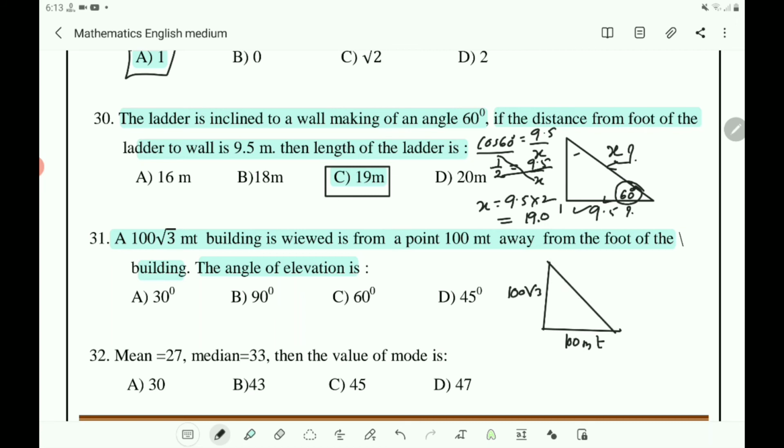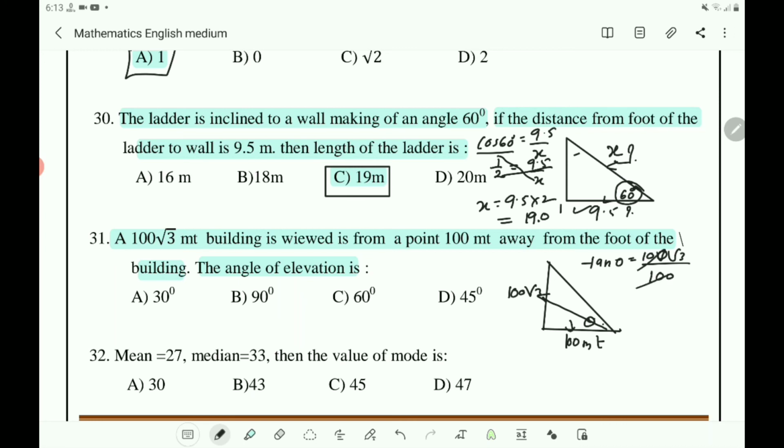Now what is asked here? Here angle of elevation, theta is to be found out. So you take, this is the opposite side for this theta and this is the adjacent side. The trigonometric ratio having opposite side and adjacent side, that is tan theta. Tan theta equals opposite side 100 root 3 by 100.